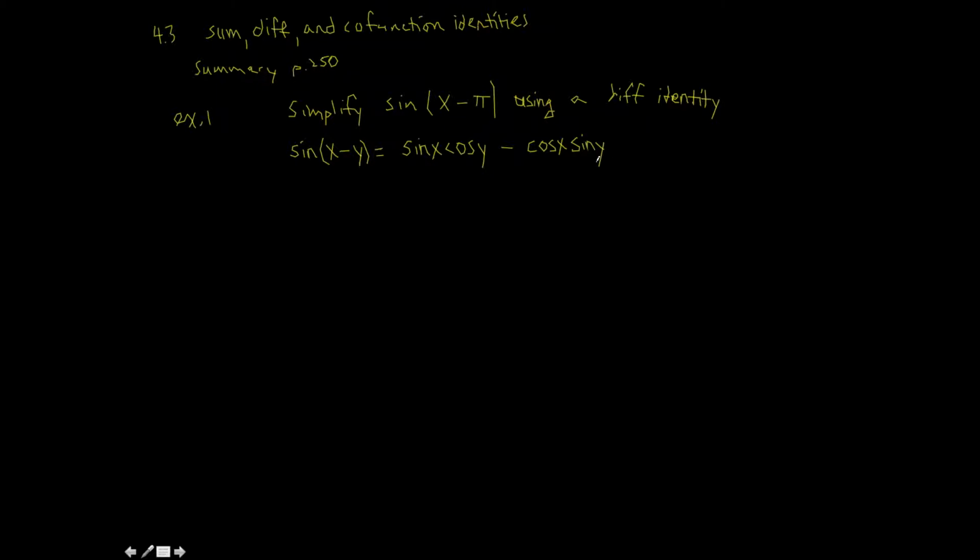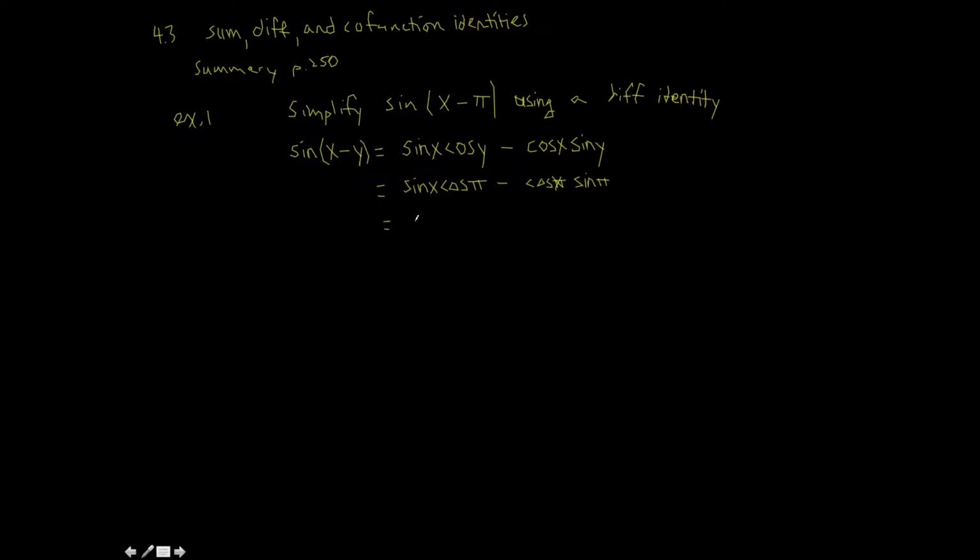Okay, so x goes in for x, pi goes in for y here. So we simply have to write the sine of x times the cosine of pi minus the cosine of x times the sine of pi.